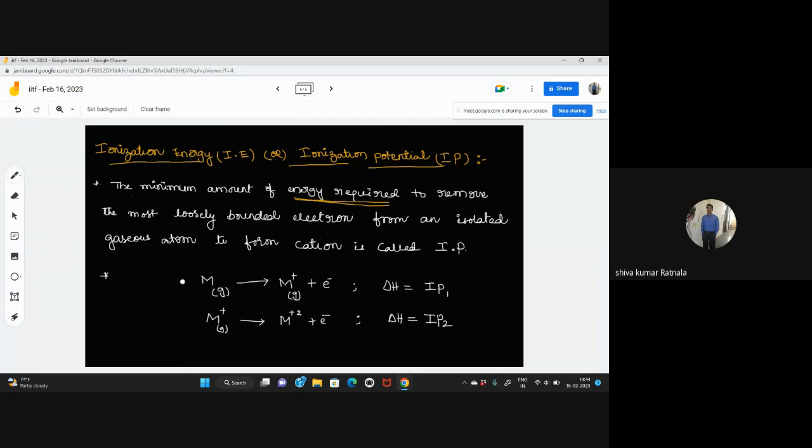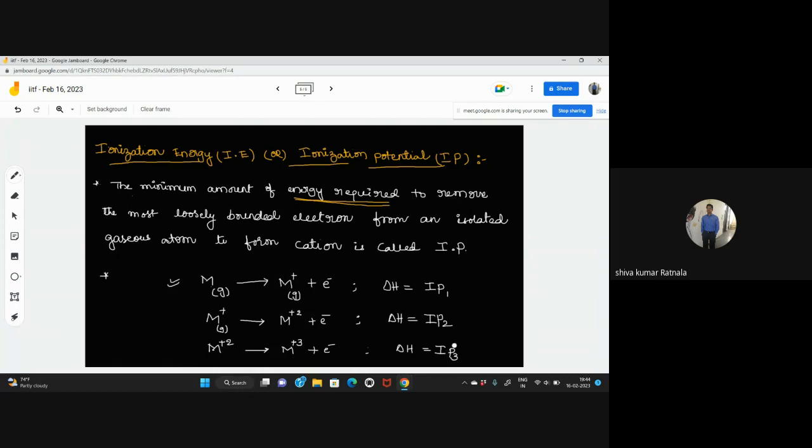Understood what I'm trying to say? If I remove one more electron, the element remains the same, and the energy is known as IP3.